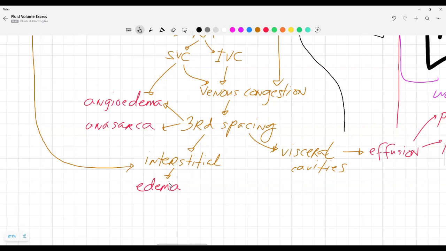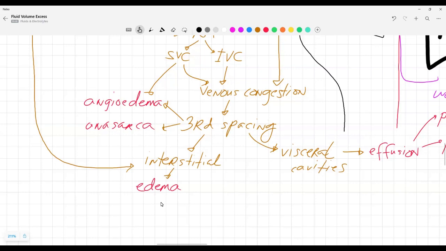And so because of gravity, this is commonly something that is seen in the lower extremities, and then that could begin to rise up. So when we're measuring edema, not only are we measuring how deep this edema is, is it pitting, is it non-pitting, but also how high does it go up? So does it start just in the foot, or does it go up to the ankles?